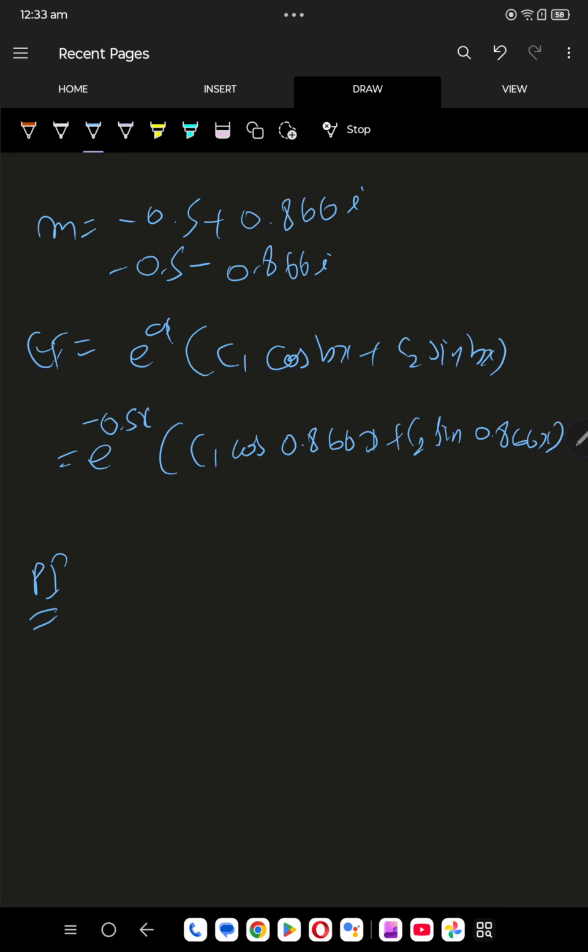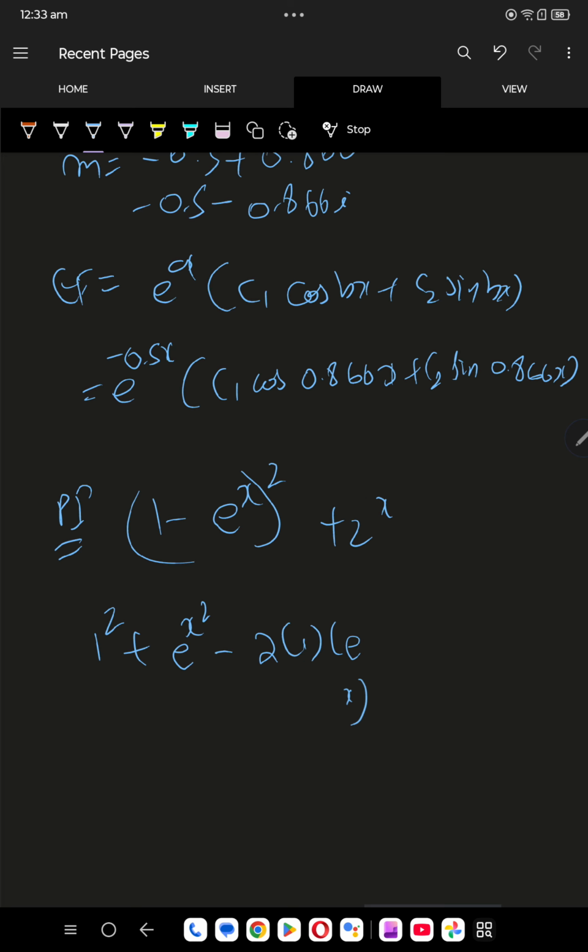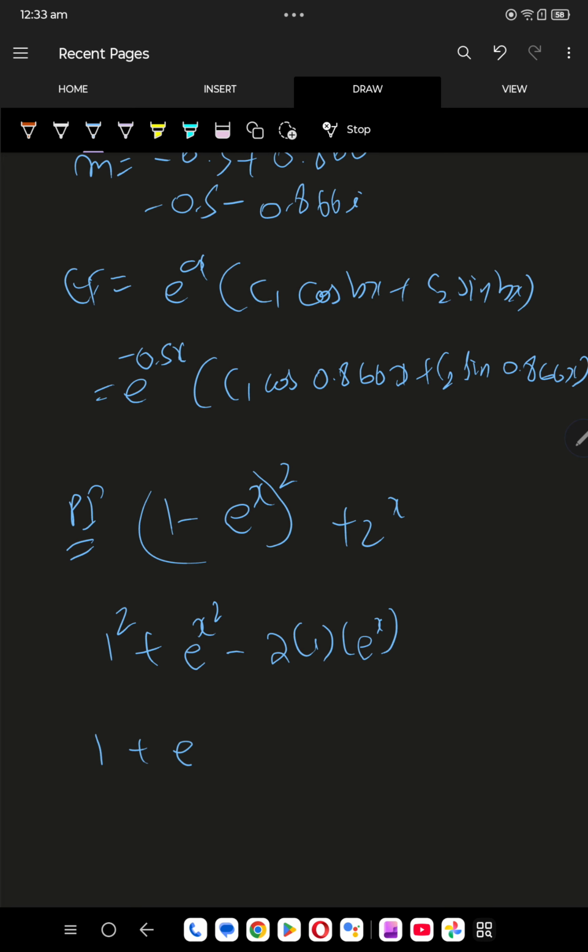On the right hand side, we had (1 minus e power x) whole square plus 2 power x. Let's solve this: a square plus b square minus 2ab. So this becomes 1 plus e power 2x minus 2 e power x plus 2 power x.